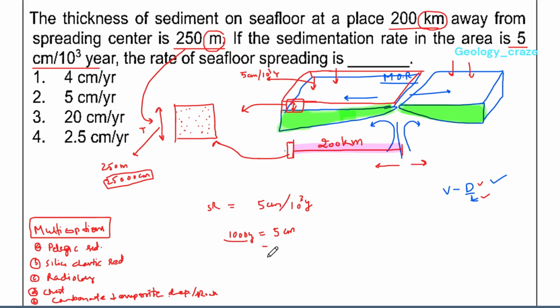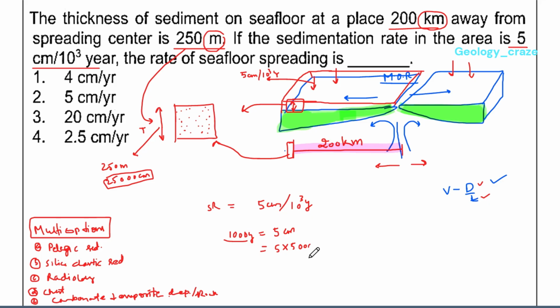How will we calculate? If we multiply 5 with 5, we get 25, and how many zeros do we need? 3.